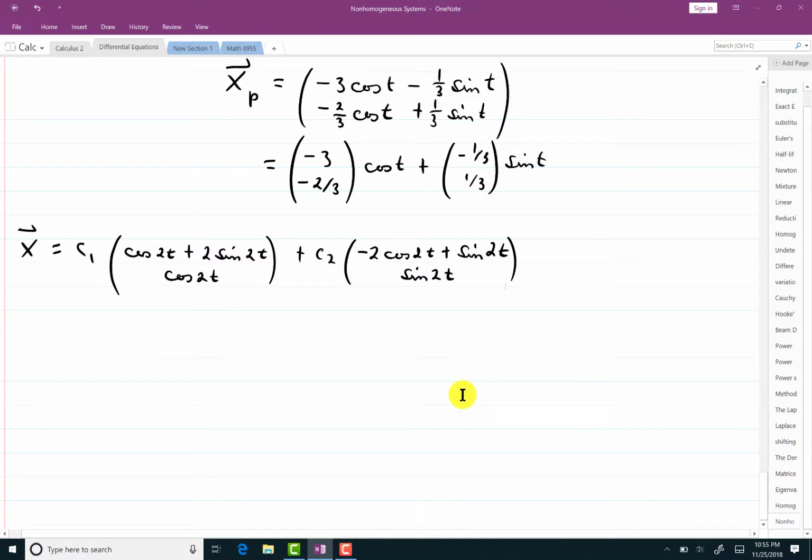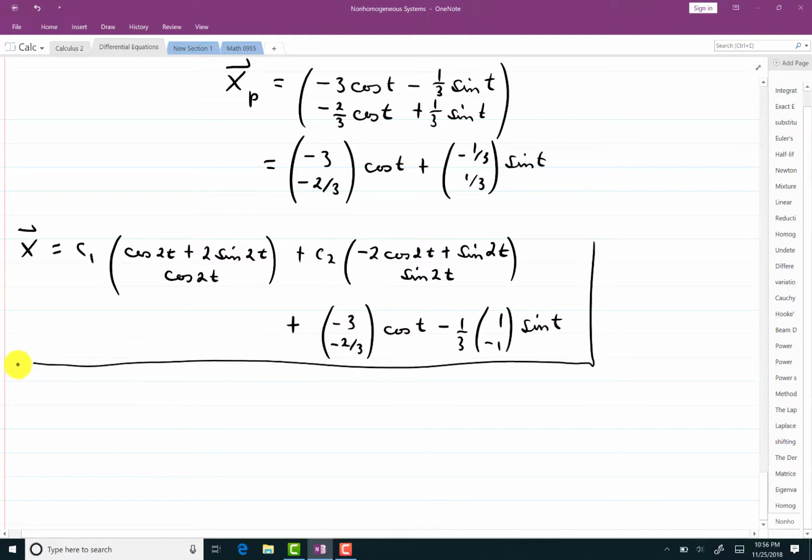So let's see, plus negative 3 negative 2/3 cosine of t. Heck, I'll go minus 1/3, and I'll have 1 negative 1 sine of t. That is just for variety. Don't feel like you have to do anything like that.